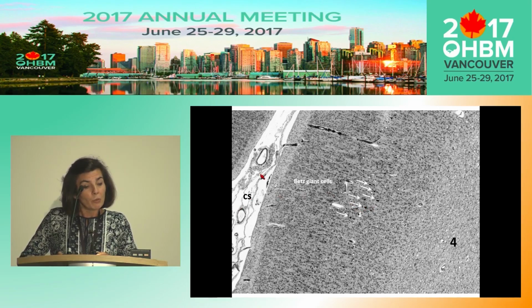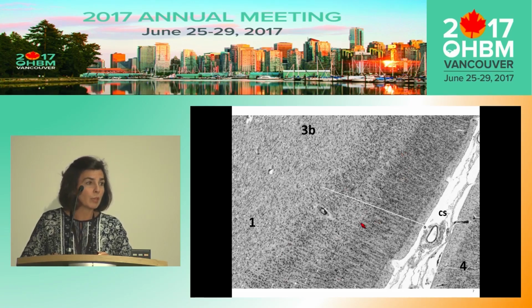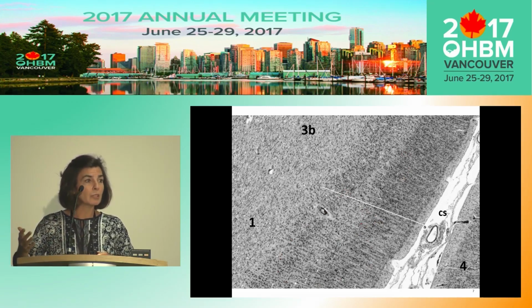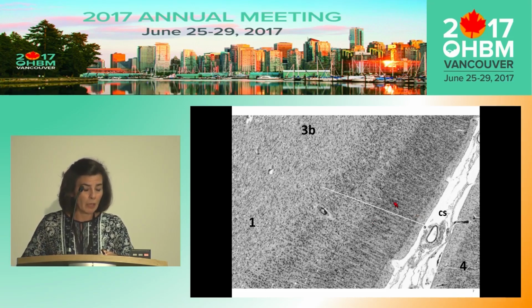If we now move within the central sulcus, but over to its other bank, we've got area 3b and area 1, and here the border between both areas is located within the central sulcus. So again, we don't have a macroanatomical landmark to identify reliably the position of this border.